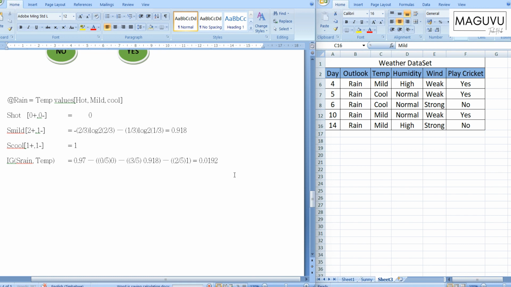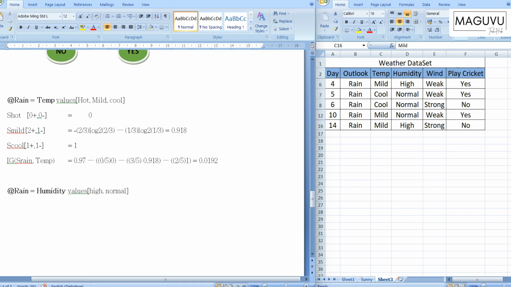We need therefore to do the same for humidity and wind. So let's proceed and do the same for that, and say at rain, and we are considering humidity, and what are the values? The values of humidity are high and normal.